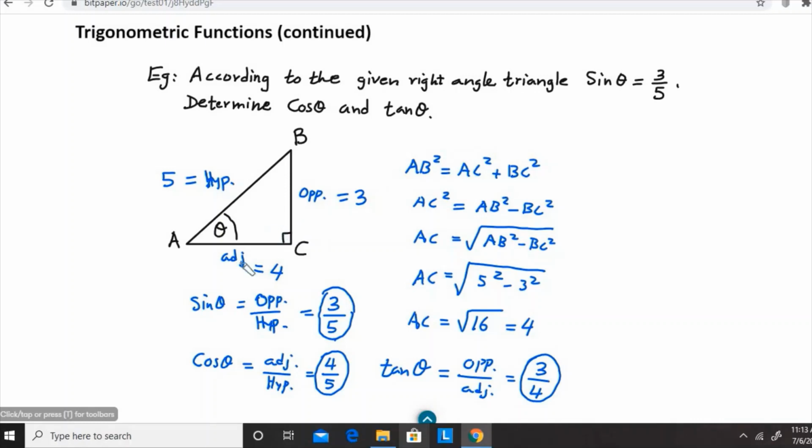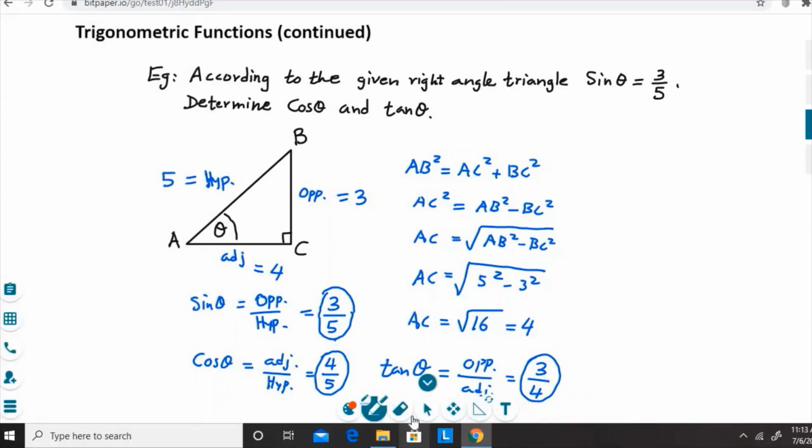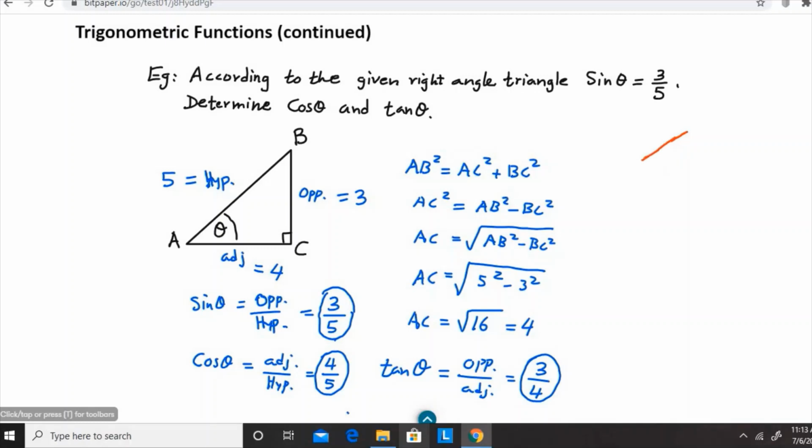Now, a very important thing to note here, I will talk about this when I discuss vectors, but still there's something important that you should know. So let me use a different color to explain this. If we have a right angle triangle, let's say that's our right angle triangle, and this is the angle theta.